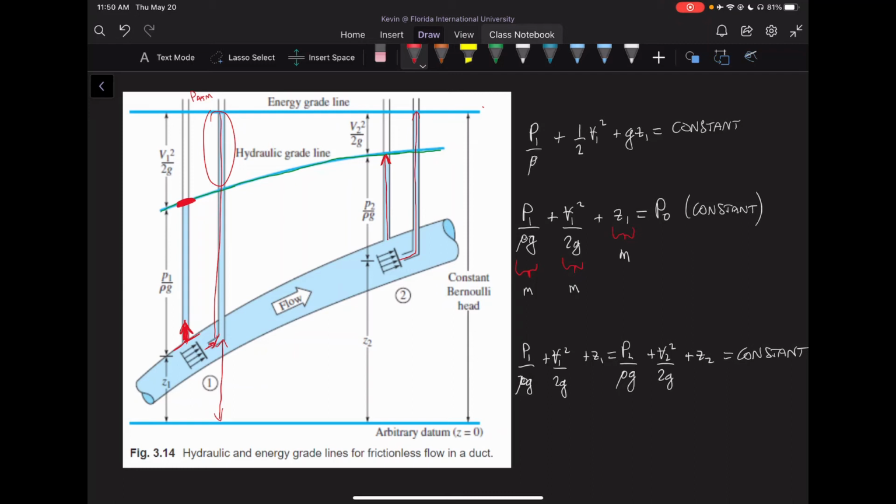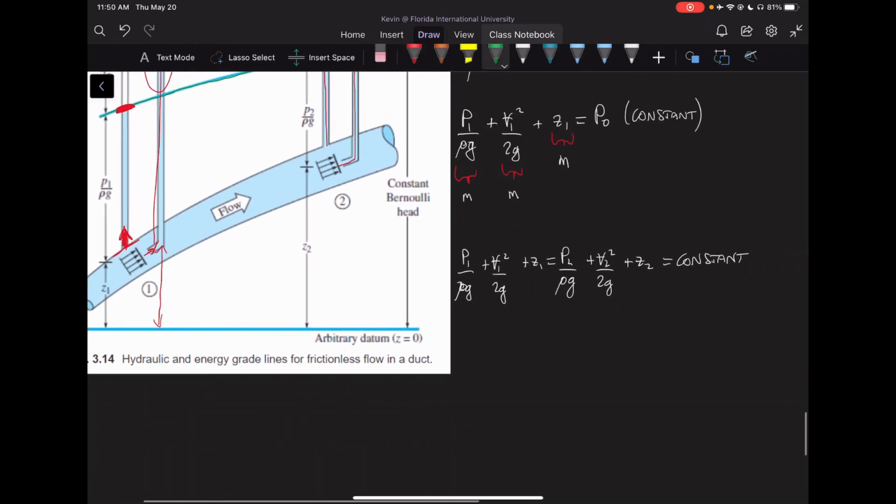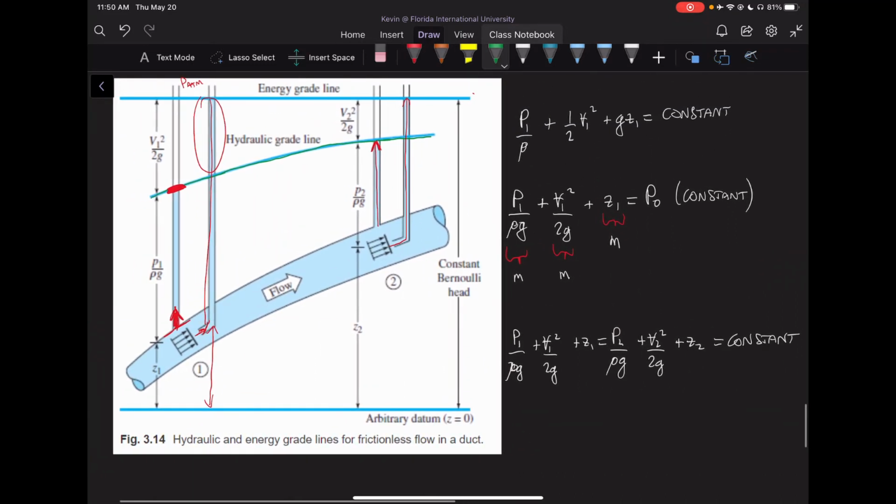And since all these units are in terms of height, we can say that Bernoulli has a constant head. So we have a constant Bernoulli head, and these three terms together are equal to the energy grade line on this diagram.